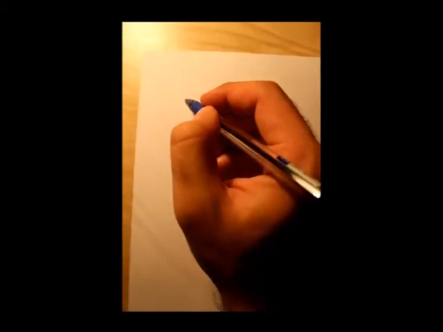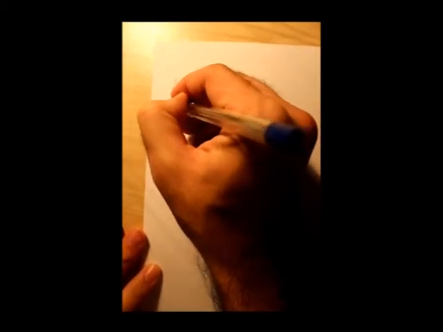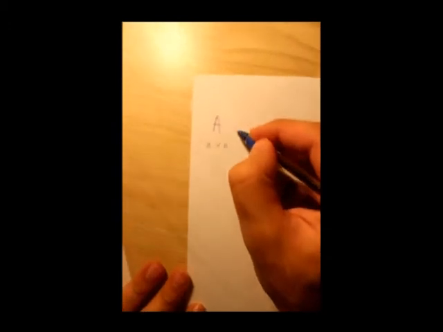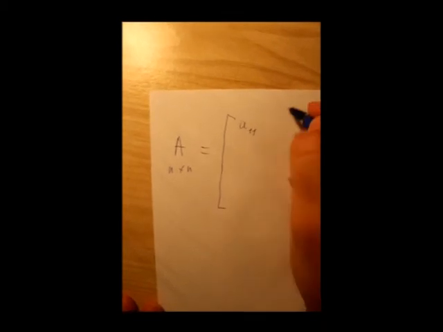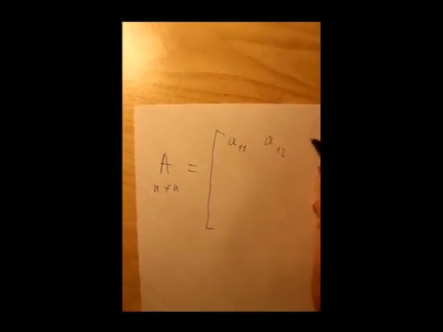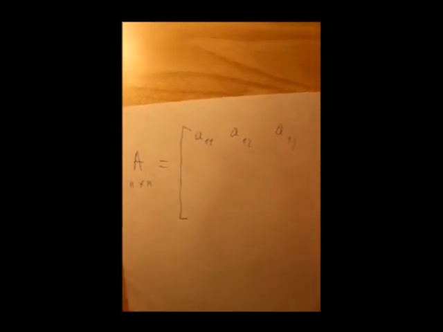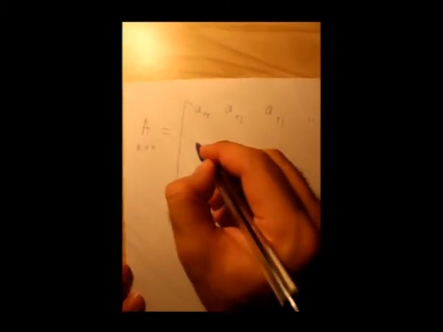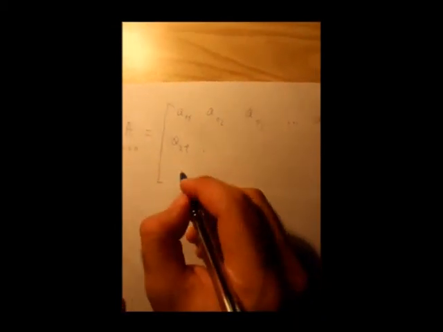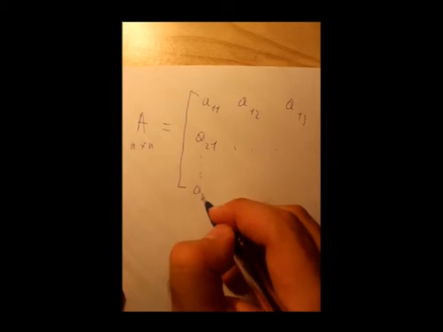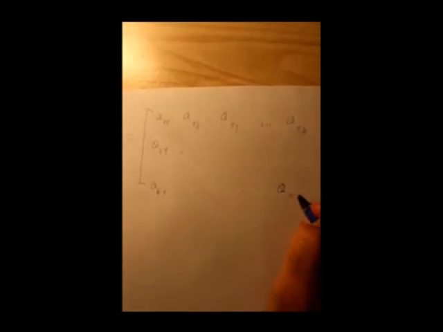Let me find the determinant of an n by n matrix, A, matrix n by n. For example, a little bit bigger one: A11, A12, A13, something up to A1n, and there A21, something and something, and An1, Ann.